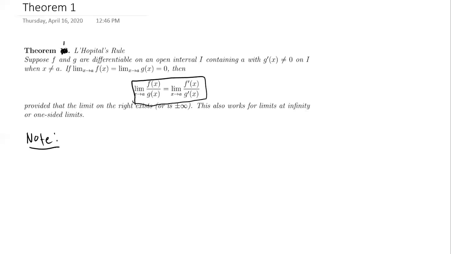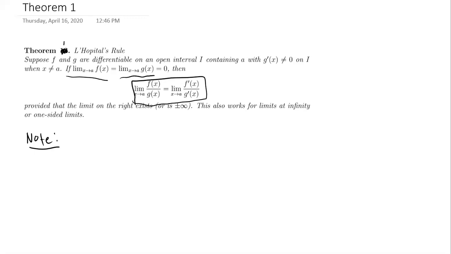So the idea is if you want to calculate the limit as x approaches a of a quotient f of x over g of x, then that is actually equal to the limit as x approaches a of the quotient of the derivatives if, so the only one condition that you need is that both the limit as x approaches a of f of x and the limit as x approaches a of g of x equal 0. As long as that's true, then you can go from the limit of the ratio of the functions to the limit of the ratio of the derivatives.